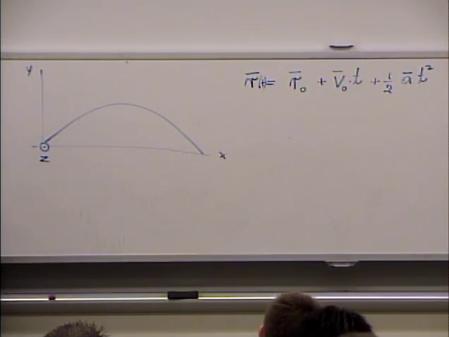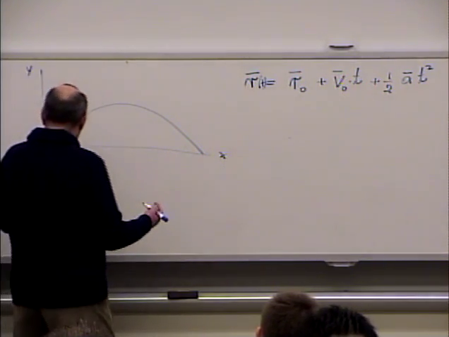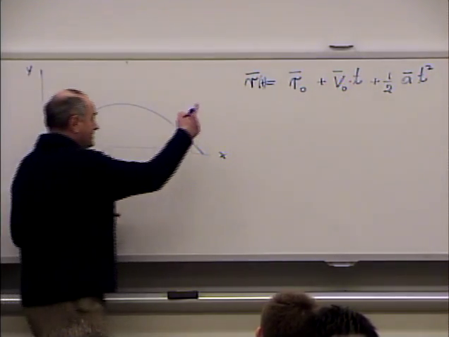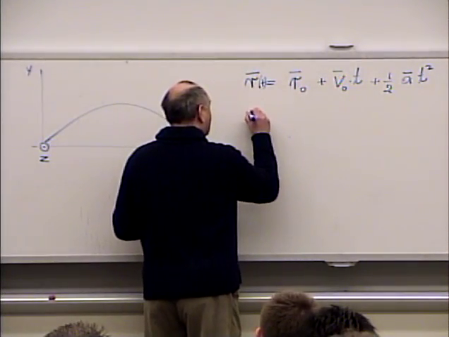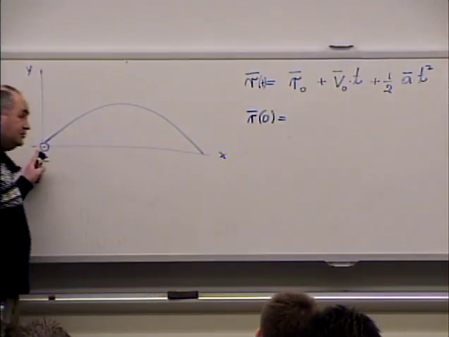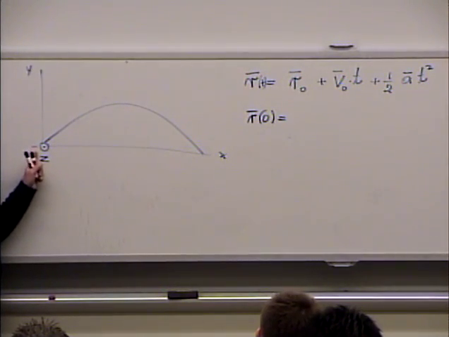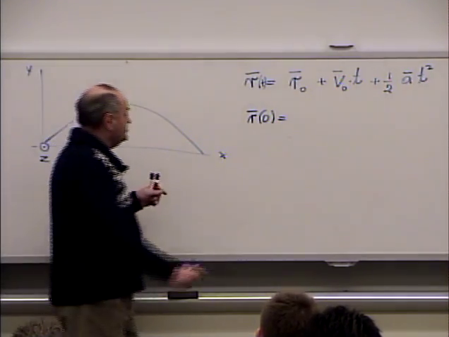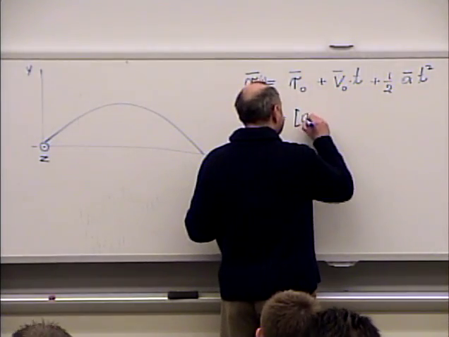So, what should I choose for r0? If I plug in 0 here, the particle should be here. What are the coordinates here? 0, 0, 0, correct.